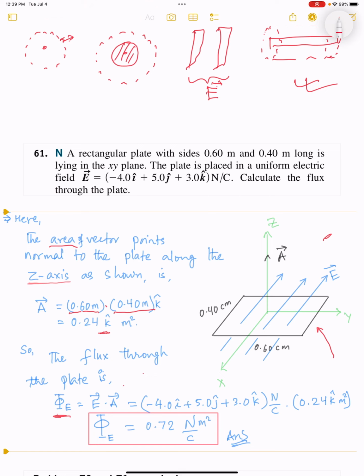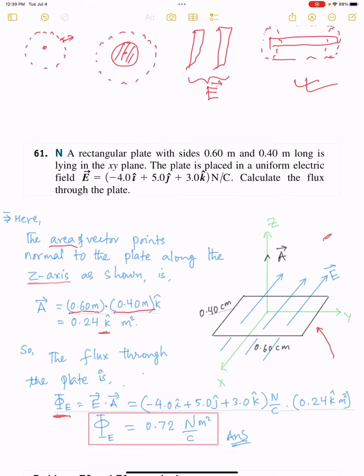It's the dot product of E and A, where A is the area vector which we already calculated, and E is the uniform electric field which is given. So E equals minus 4 i plus 5 j plus 3 k, and this is the unit of electric field.